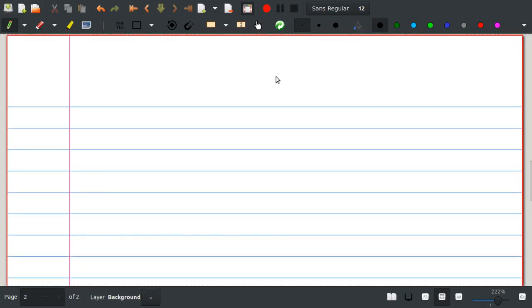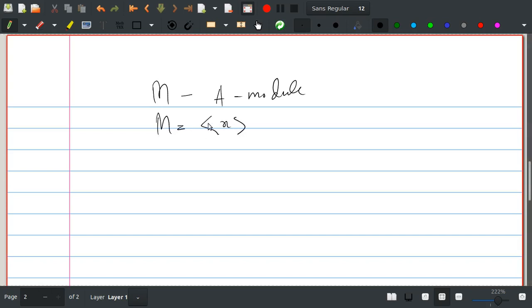Now in previous lectures we proved that if we have an A module M which is cyclic, i.e. generated by some element x, then M is cyclic if and only if M is isomorphic to some quotient R mod I, where I is some ideal of R. Now we'll try to generalize this statement.